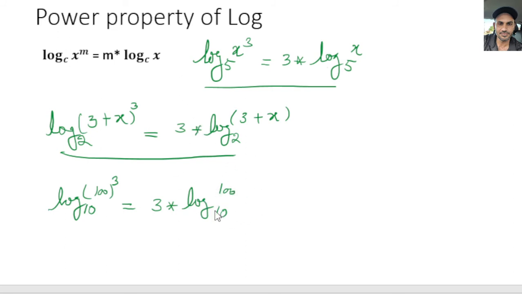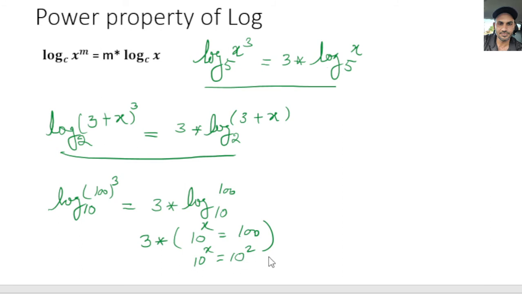If you want to solve it further, you can go ahead and solve this expression right here. Basically, it's asking you, what is 10 to the power x equals 100, which is 2, because 100 is basically 10 squared, so 10 to the x equals 10 squared.